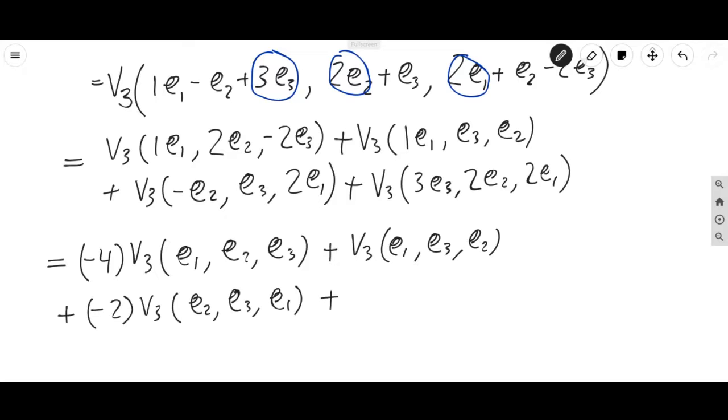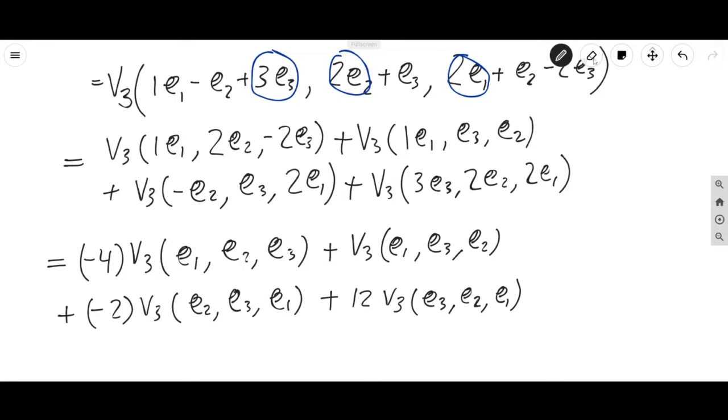And then finally the last term, we have 3, 2, 2. If you factor out all of those numbers, that will give us 12. So that would be 12 V3 of E3, E2, E1.